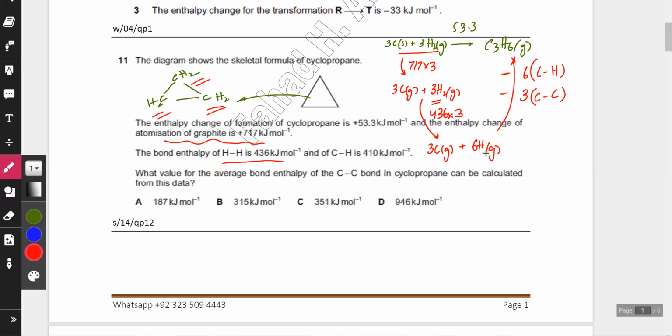Then the atoms got together to form this molecule over here, which is this one. So they ended up forming 6 C and H bonds and 3 C and C bonds. And the reason a negative sign is put over here is that it's bond forming that's happening on this side. Is this example clear?